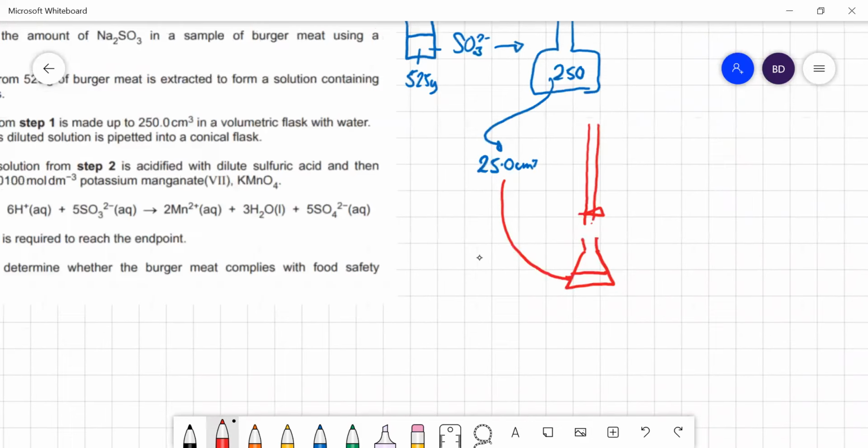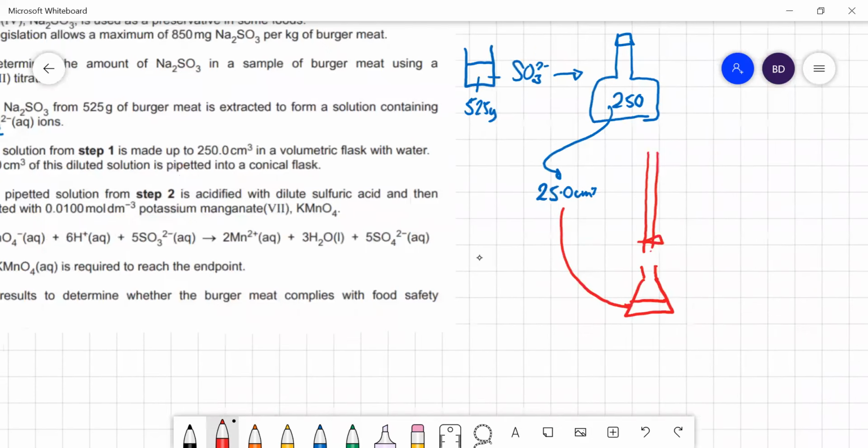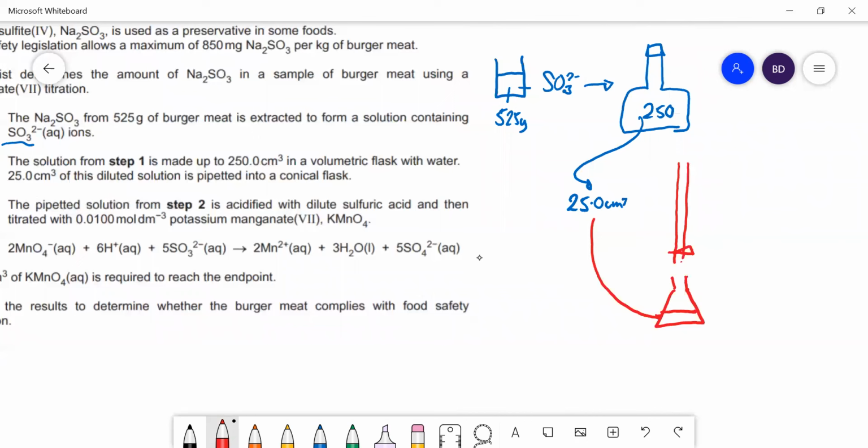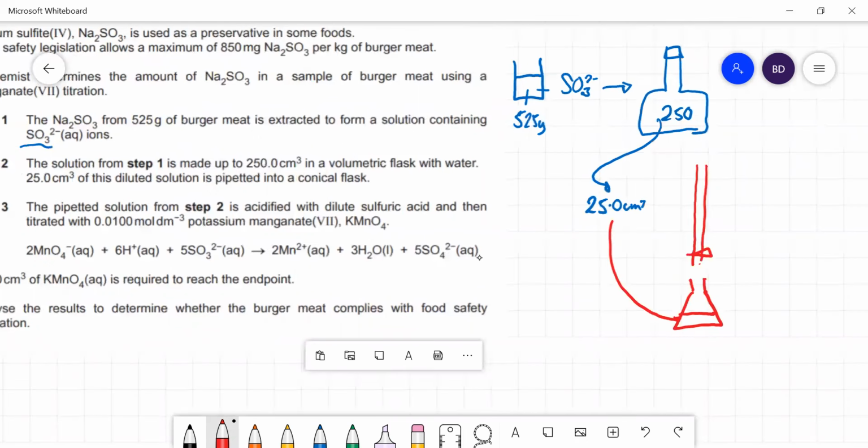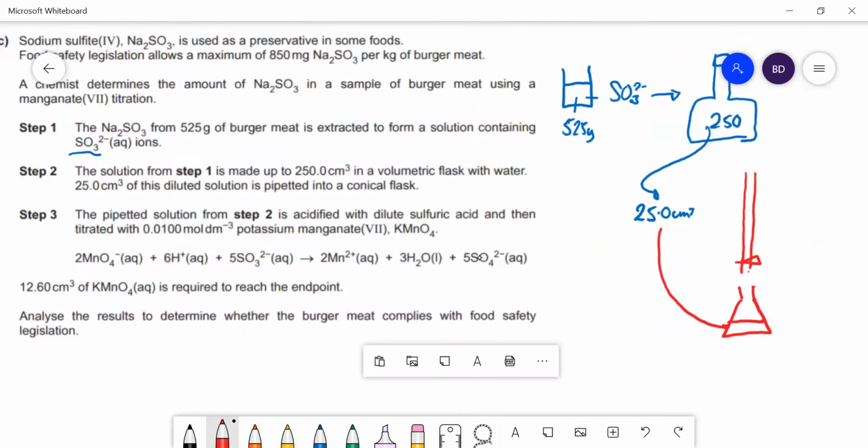Okay. How much manganate have we got there then? Well, it tells us the concentration of the manganate. Where does it say that? There we go, 0.01 mole per decimeter cubed. And we need 12.6 centimeters cubed of that.